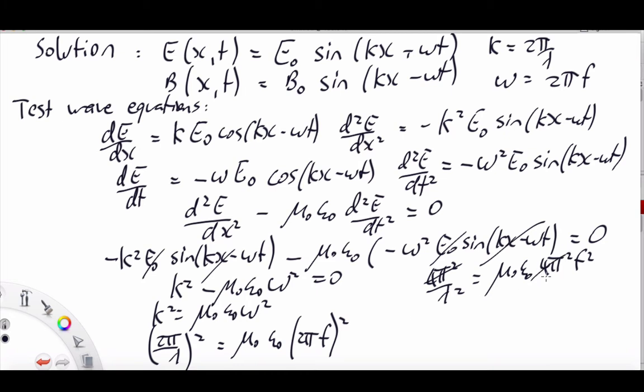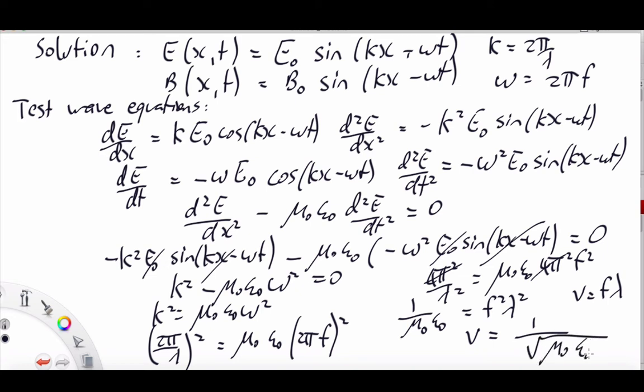We simply have, we're going to take λ over this side and we're going to divide by μ₀ε₀. Now we know that v equals fλ, so that means that v equals 1 over the square root of μ₀ε₀.